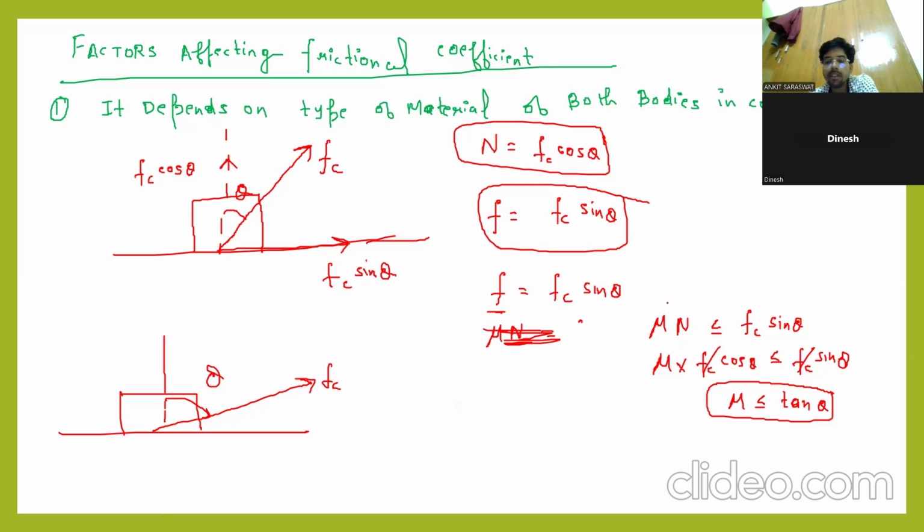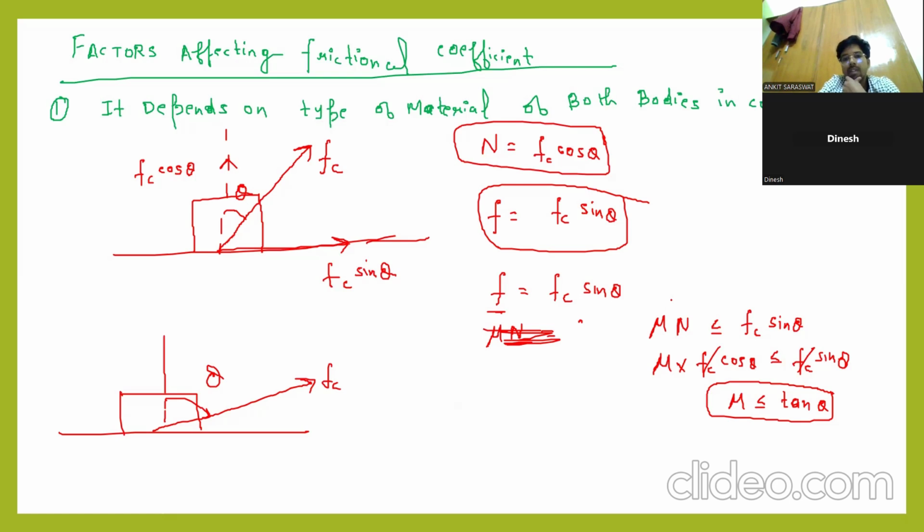It is tan theta into cos theta. See, mu into N is the limiting friction, the maximum value. Either it should be less than that, or it should be equal to this.